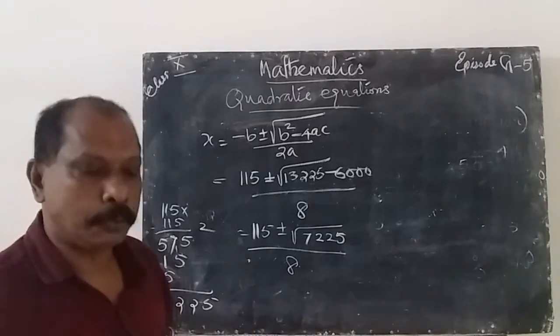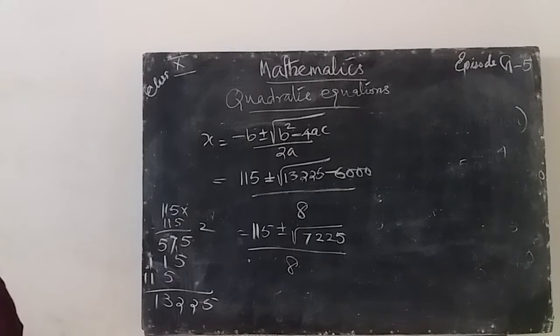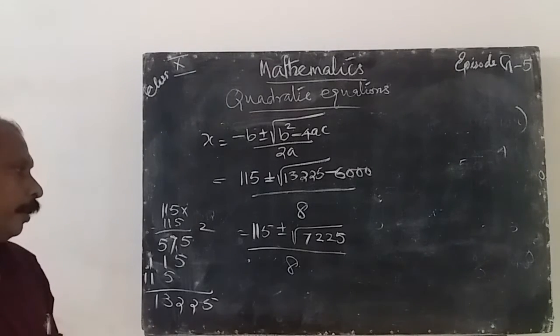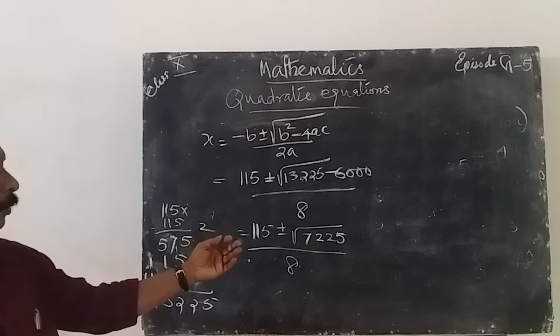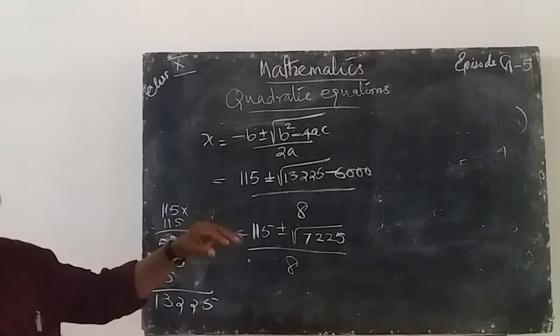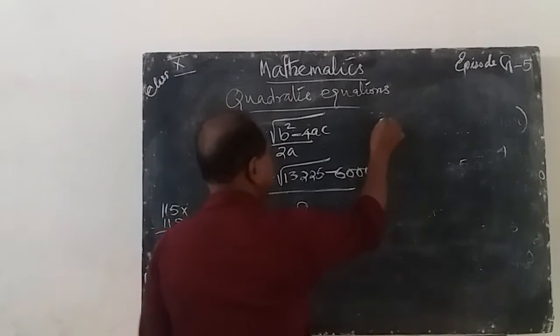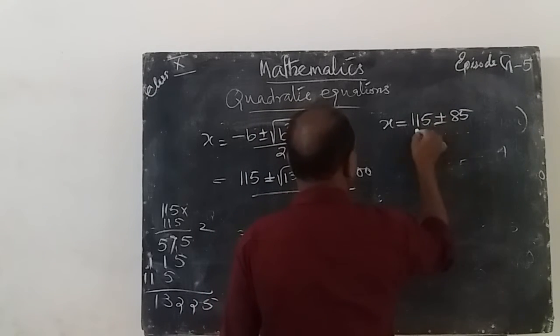Okay. 7225 is, 8 into 8 is 64, therefore 80 square is 6400. 9 square is 81, therefore 90 square is 8100. Between 80 square and 90 square, the last digit is 5. Therefore, it is 85. Therefore, x is equal to 115 plus or minus 85 by 8.